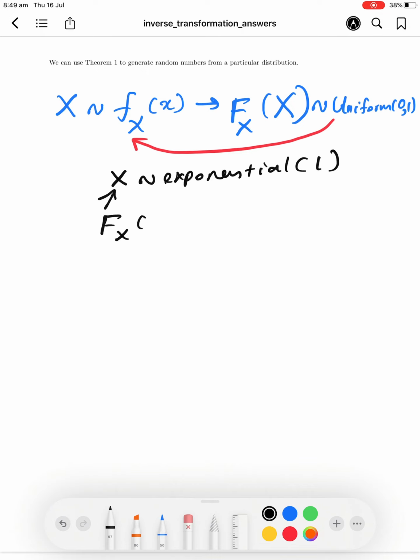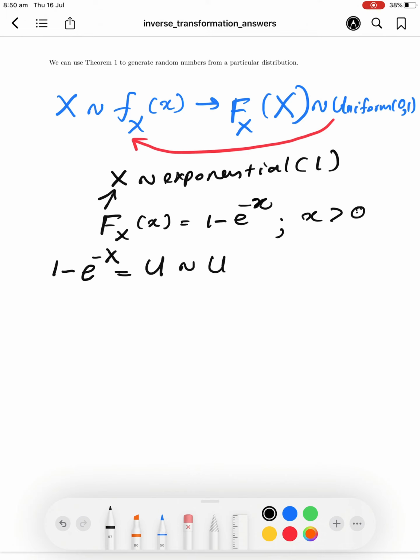I can show that the CDF of X is equal to 1 minus e to the power minus x, where x is greater than 0. Now according to the theorem, 1 minus e to the power minus X, this is equal to U, which follows a uniform distribution with parameters 0 and 1.